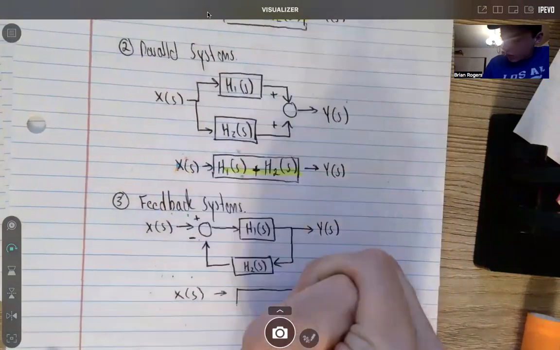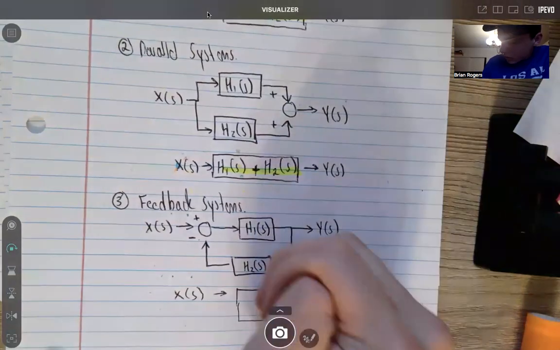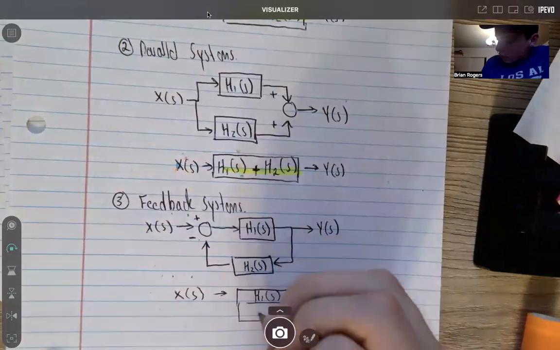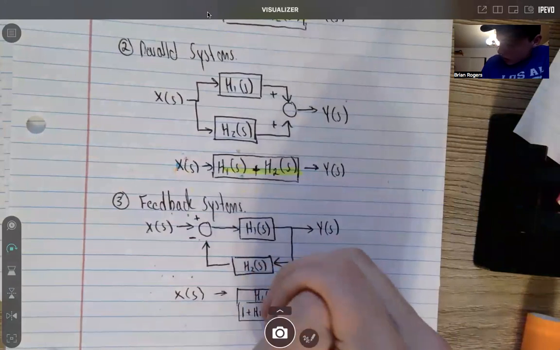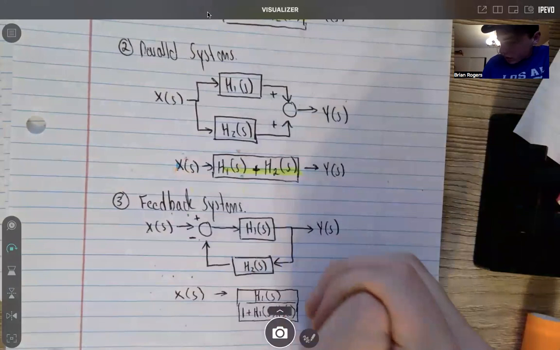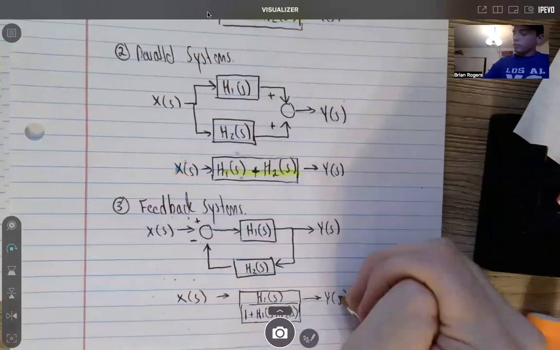In your numerator, it's going to be H1 of S, all over 1 plus H1 of S times H2 of S. And then that produces Y of S. So that's the equivalent for the feedback system.